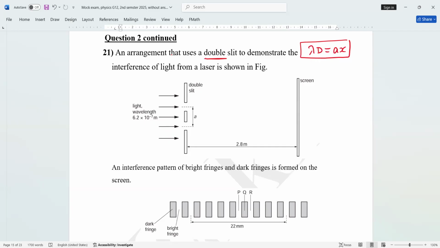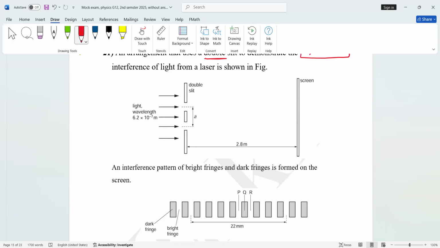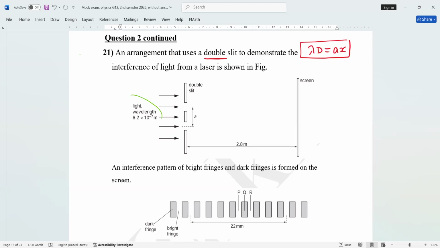Now from the given, we have the wavelength. Light of wavelength lambda equals 6.2 multiplied by 10 to the power -7 meter.